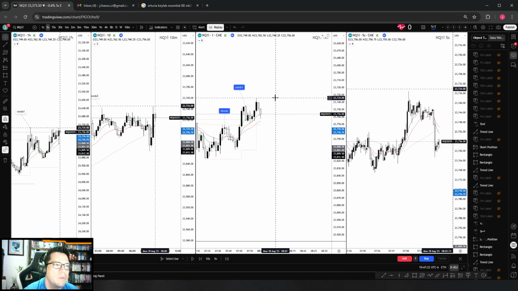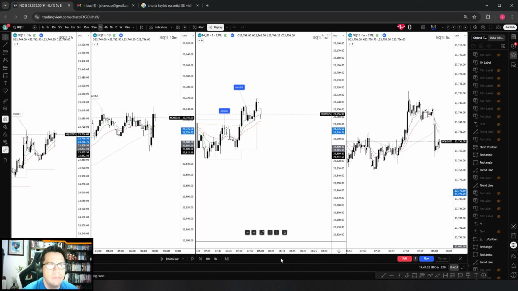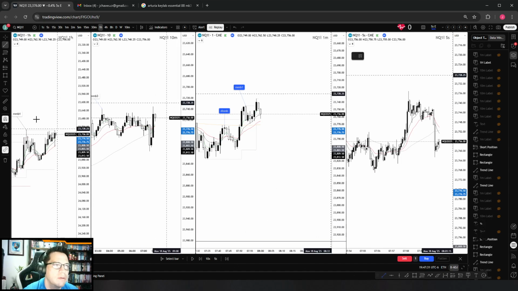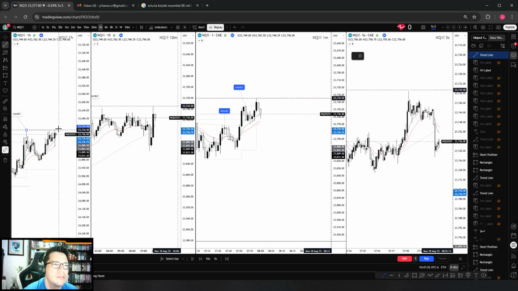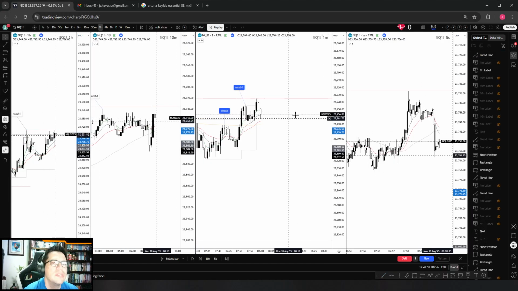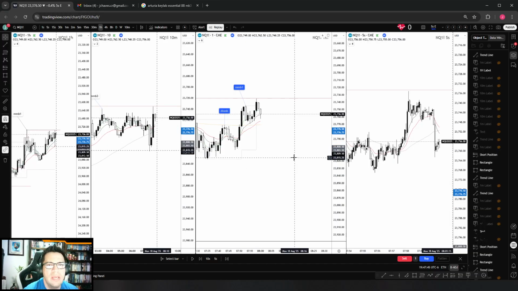So at this point, we will be waiting here for a candle close on the hourly above this high, which is basically this red line that I have drawn, to get a validation of this MMB1 on our hourly time frame.